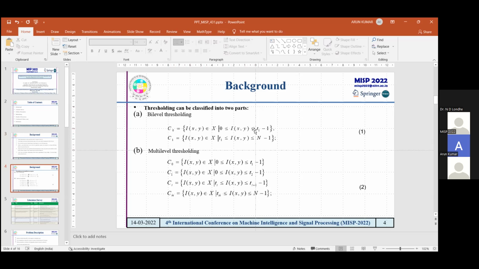By the use of a single threshold value T1, as clearly shown in equation 1, the image can be split into 2 parts: the first class C0 and the second class C1. In multi-level thresholding, more than one threshold value, T1, T2, T3, up to Tm as used in equation 2, can categorize the image into multiple parts. M thresholds categorize the image into M plus 1 parts.